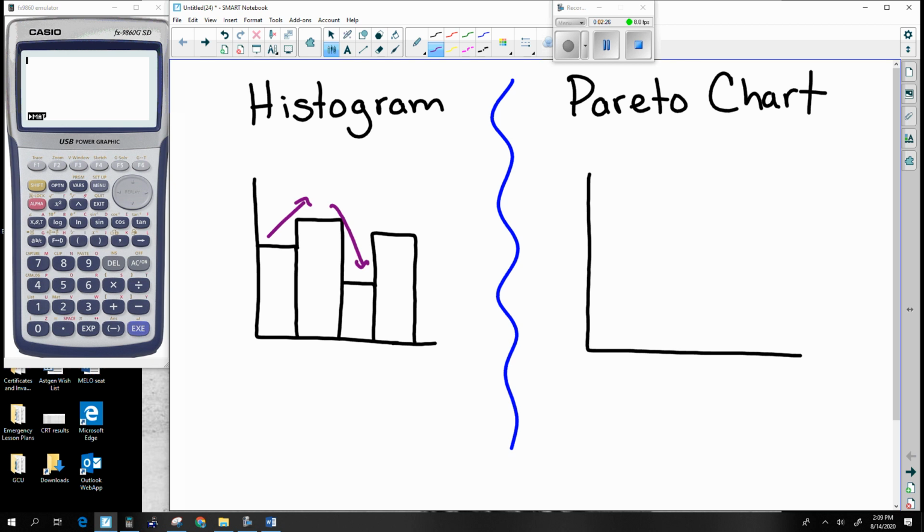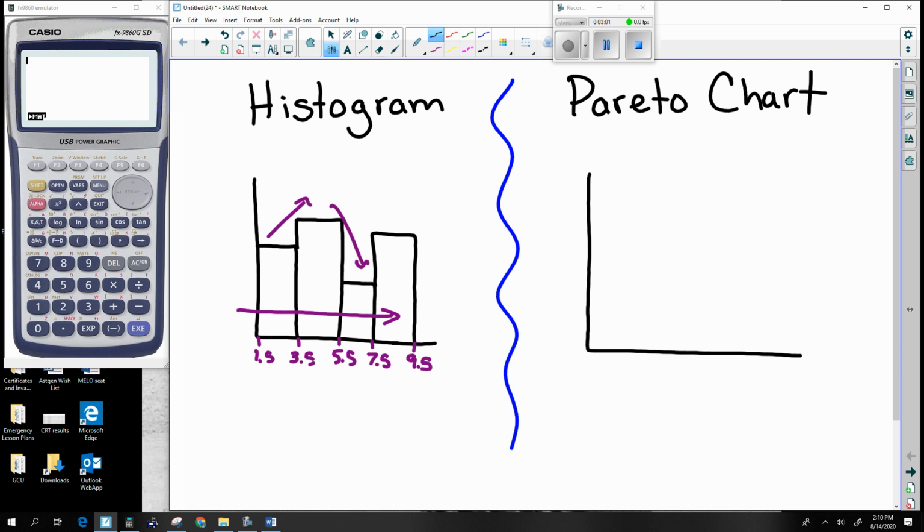And these will be in chronological order, at something like 1.5, 3.5, 5.5, 7.5, 9.5. These bars go in chronological order from left to right. So a histogram, the bars touch and they can go up and down.